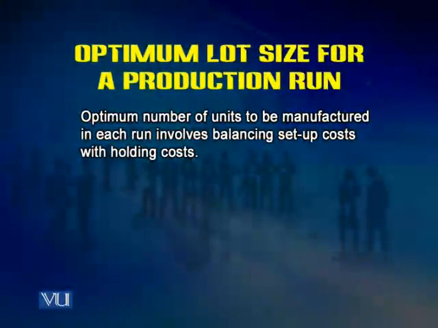Optimum number of units to be manufactured in each run involves balancing setup costs with holding costs to arrive at the optimum size of the production run. And don't forget that the optimum size of the production run can also be a factor to determine the number of production runs.